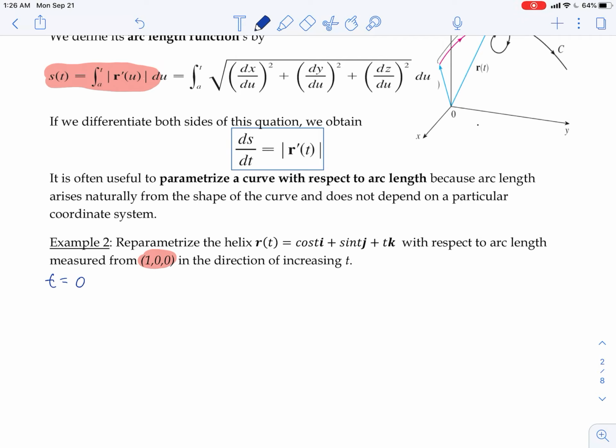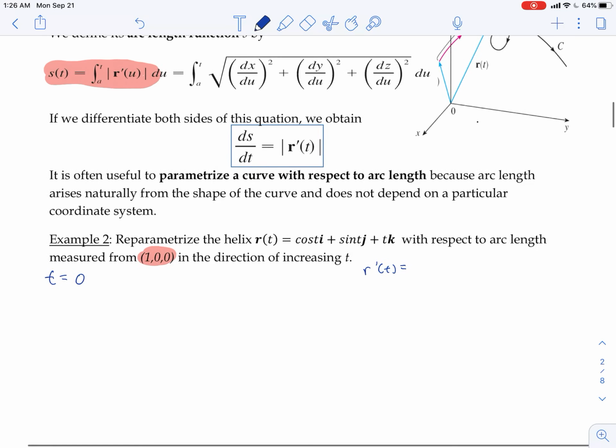Now we want to find our derivative. r prime of t is equal to negative sine t i plus cosine t j, plus k, since the derivative of cosine is negative sine and the derivative of sine t is cosine t.